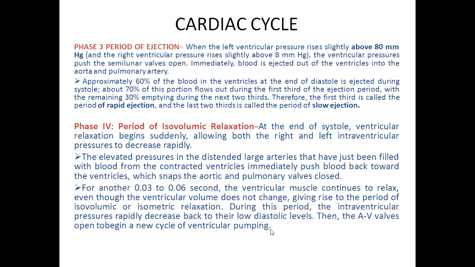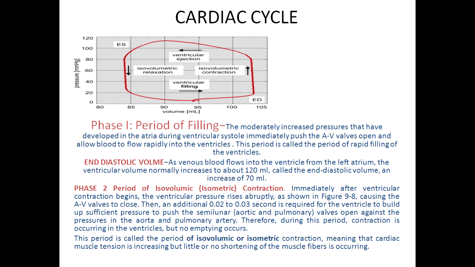But in phase 4 ventricles are in relaxing mode, and as they are in relaxing mode, there is no flow of blood into the ventricles, so this phase is called the period of isovolumic relaxation. In this period, there is no entry of blood from the aorta or pulmonary artery into the ventricles, and no entry of blood from both atria into the ventricles. Understand?